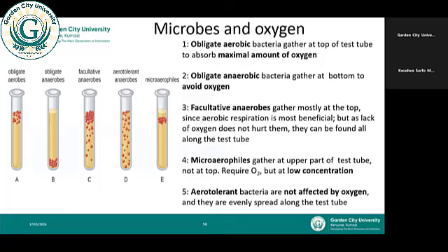So if you put them in an environment where oxygen is present and on the other side oxygen is lacking, most of them will move to where oxygen is present. But those that move to the opposite side where oxygen is lacking will not die, because they can also switch to anaerobic respiration. That is why you see some moving to the bottom. Once they move from the top to the bottom, they are undergoing anaerobic respiration. That's why they are facultative anaerobes.